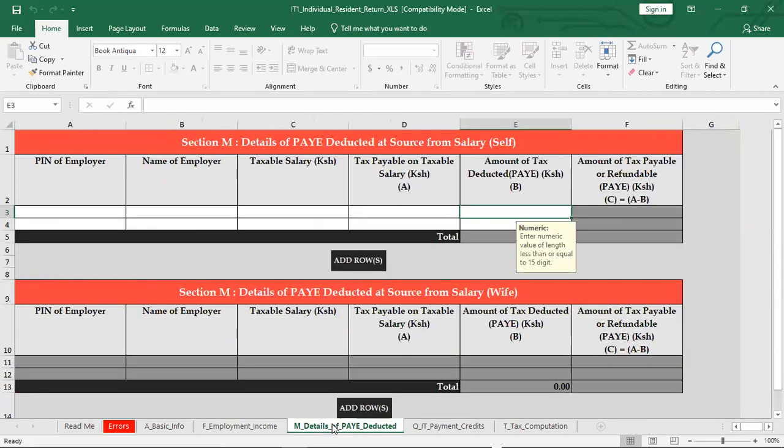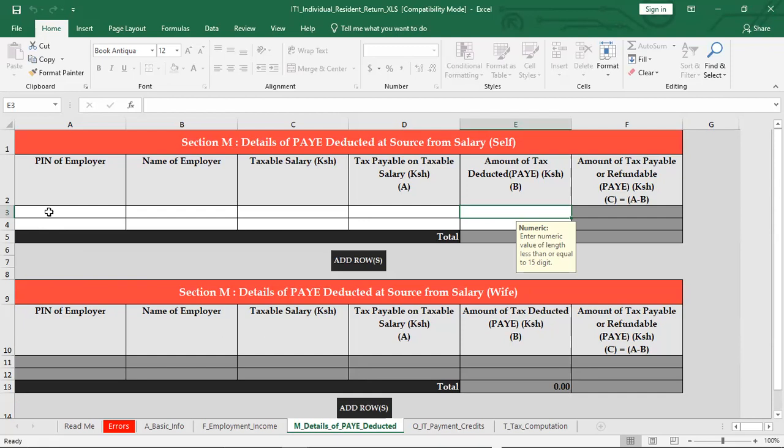So when you click there, you can see again there is PIN of the employer, name of employer, taxable salary, tax payable and taxable salary, amount of tax deducted, that is payee, amount of tax payable or refundable. So here, are you seeing my cursor?